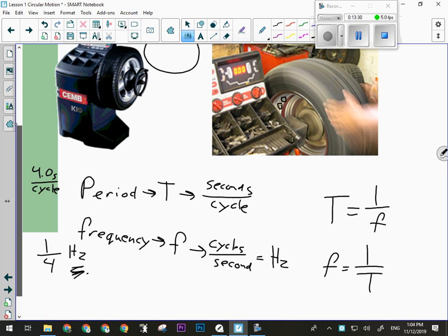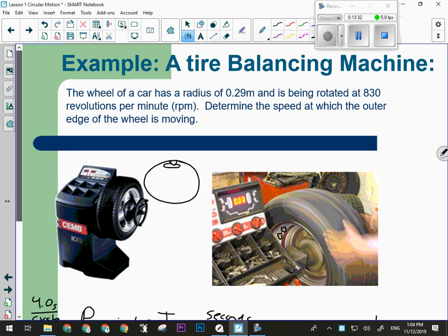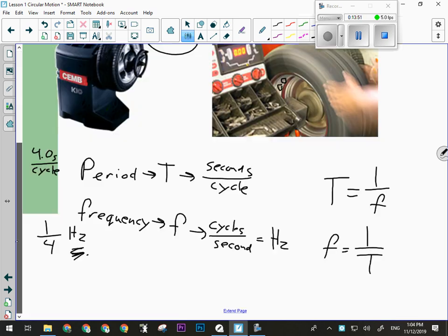Okay, so let's look at this question here. The wheel of a car has a radius of 0.29 meters. So they told us what r is, 0.29 meters. It's being rotated at 830 revolutions per minute. Did they give me a frequency or a period there? They gave me revolutions per minute.